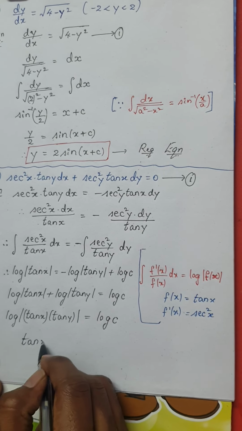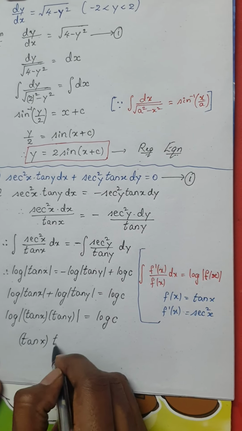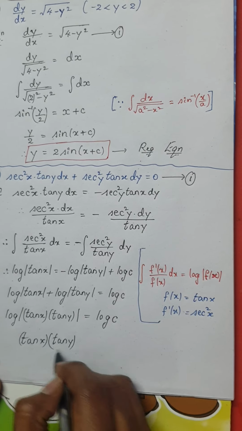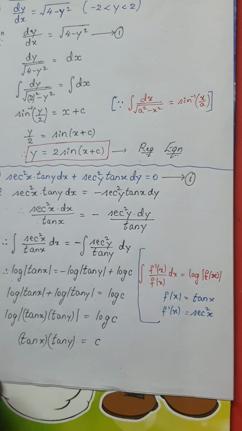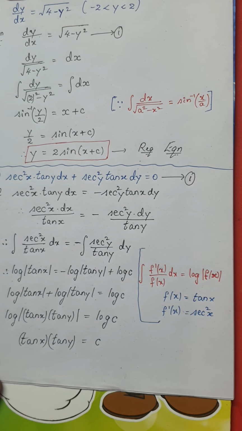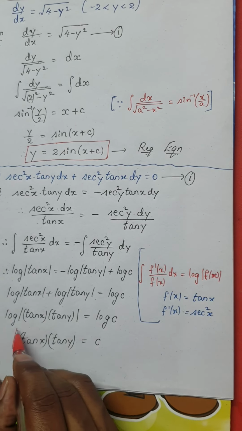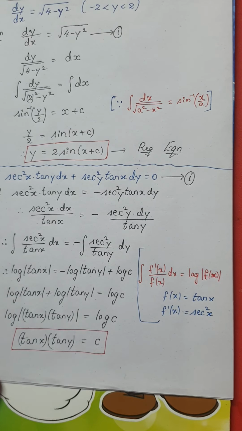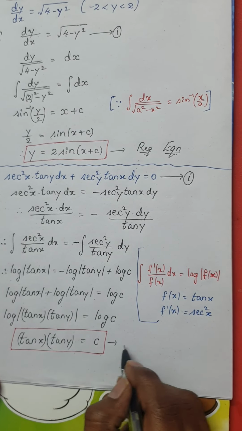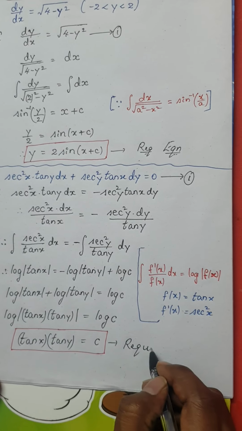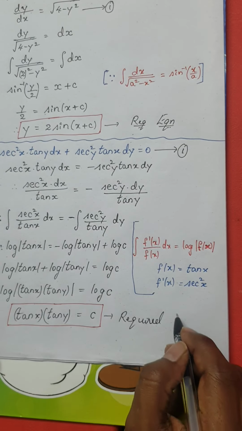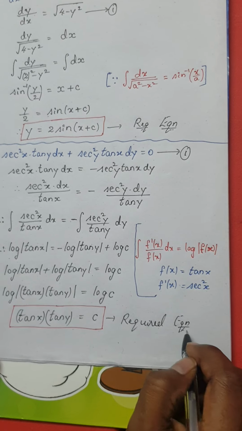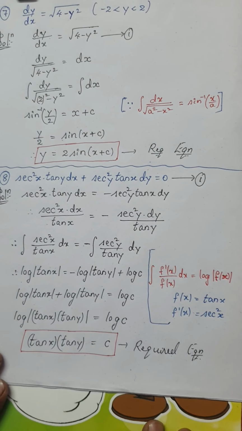So you will get tan x into tan y is nothing but c. You can see that this is my required equation. As I told you, frame it up and write it as the required equation. Very easy, isn't it?